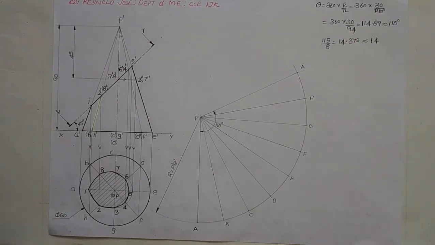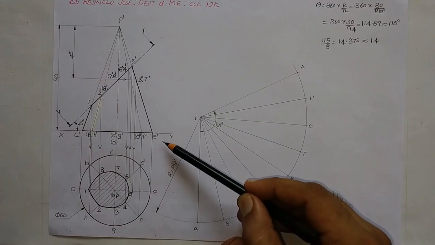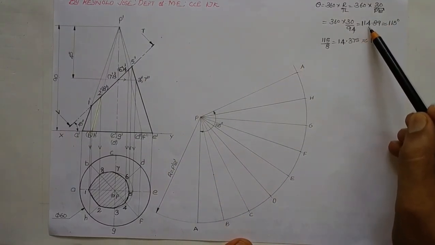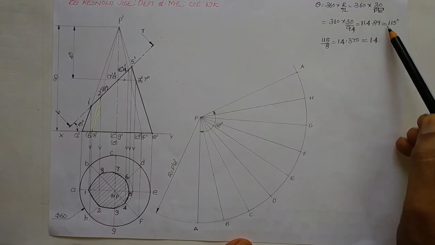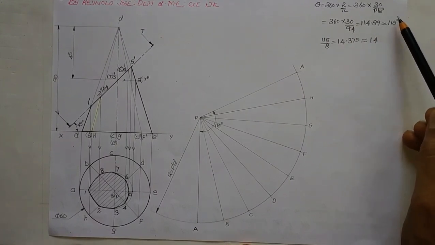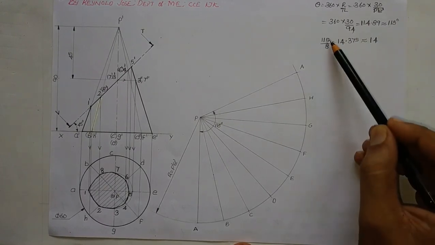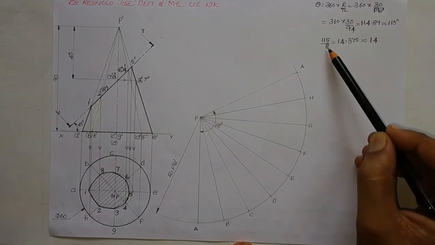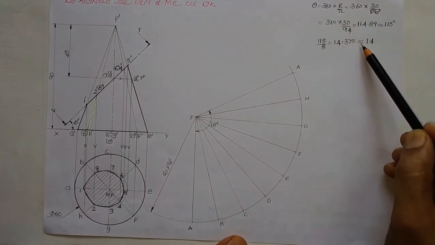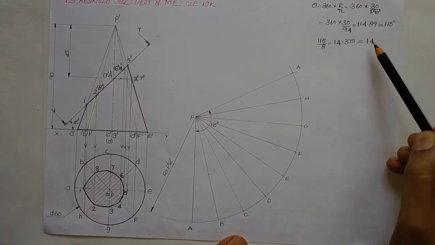I am getting the value of P dash E dash as 94. So approximately I got the value as 114.89. Again it can be approximated to 115. So after getting this angle, again I divided 115 divided by 8, which is approximately equal to 14.375. So we can approximate it to 14.